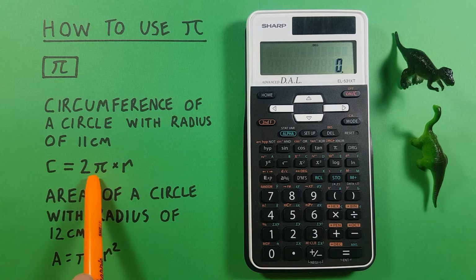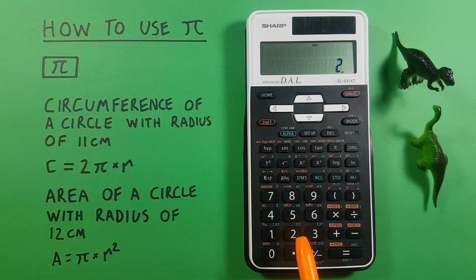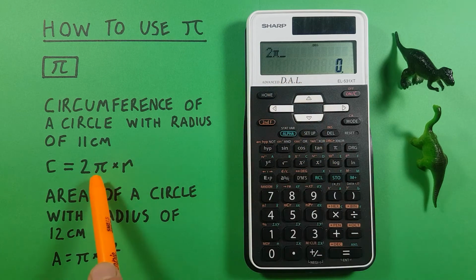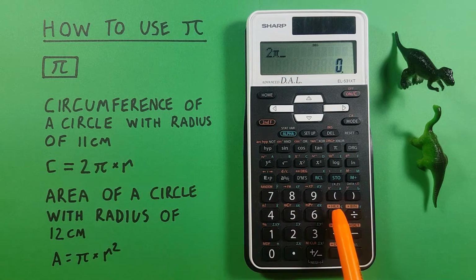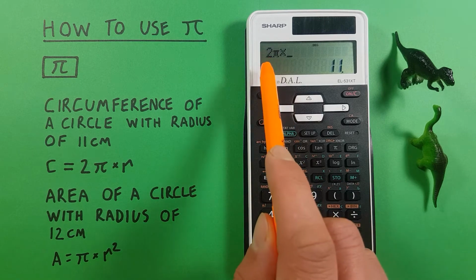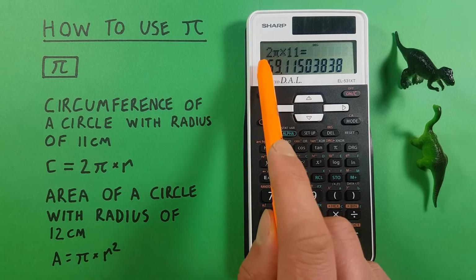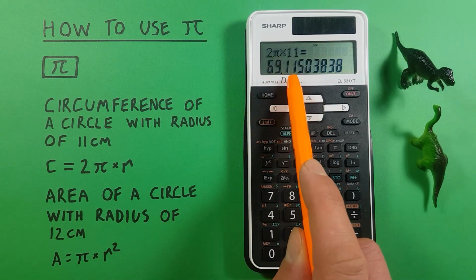And we need that pi key. So to solve this, we enter it as 2, and then the pi, and then the radius. Well, that radius was 11 centimeters, so we go times 11 and press equals. There we go. 2 pi times r gave us 69.115, etc.